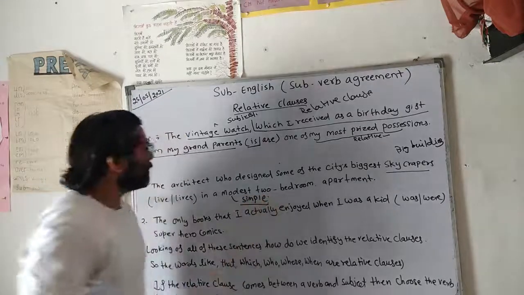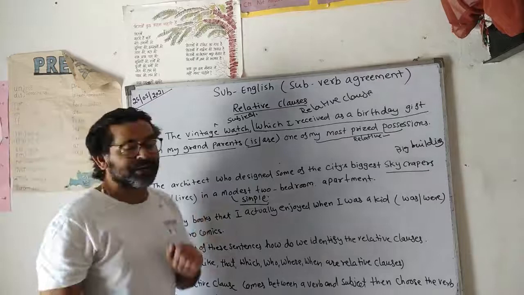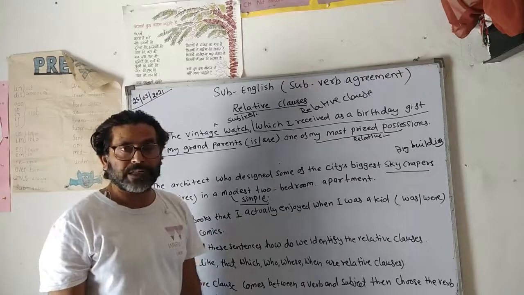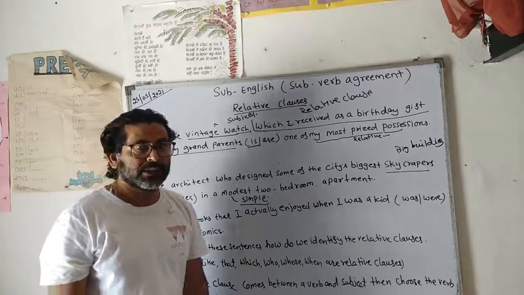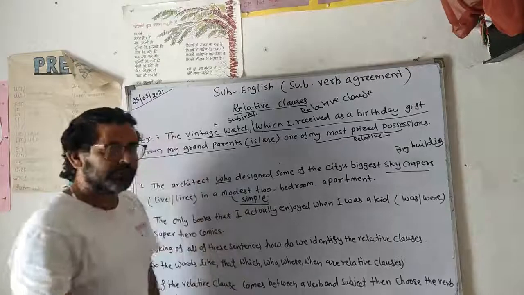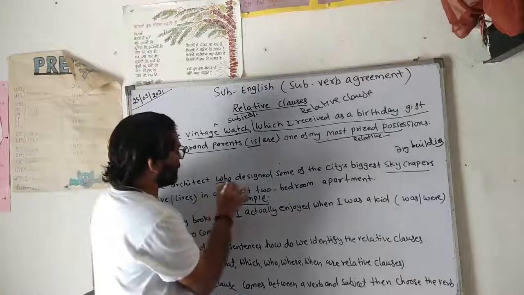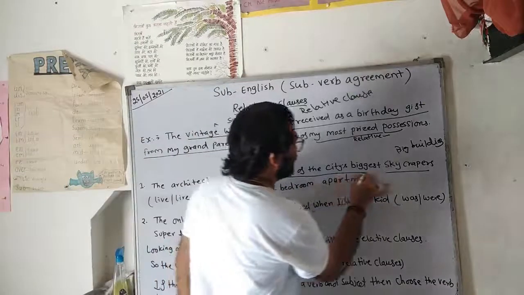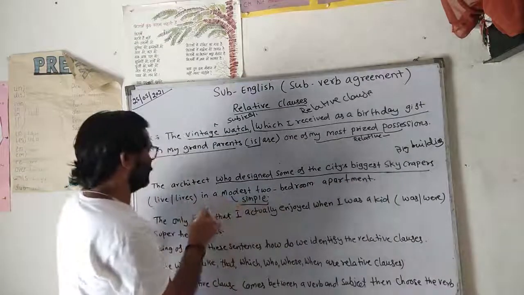So first of all, what we have to do in this sentence is identify a relative pronoun, if there is a relative pronoun in this sentence or not. Can we see a relative pronoun? Yes, this is a relative pronoun. And the entire part after the relative pronoun is a relative clause.